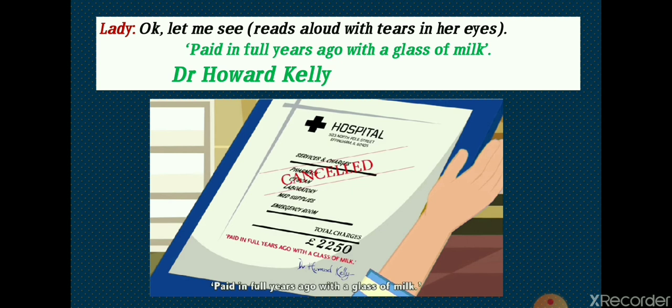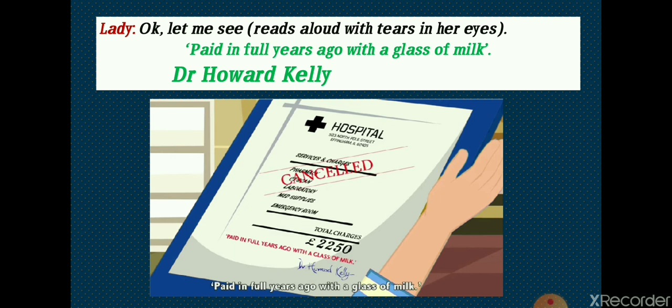So in this way, this play is giving us a lesson. If we are helping someone in need selflessly, without any selfish motive, that good deed will come in front of us when we are in need.